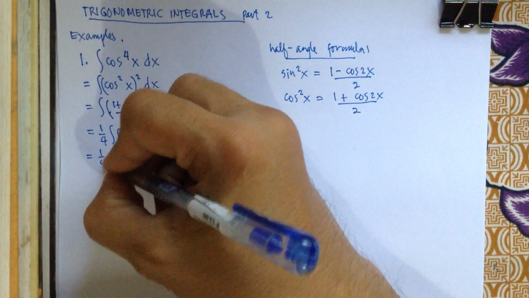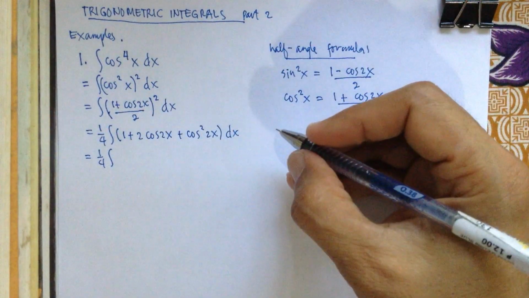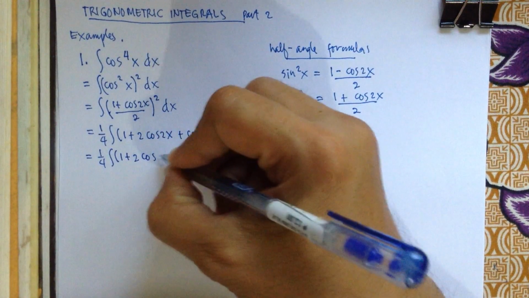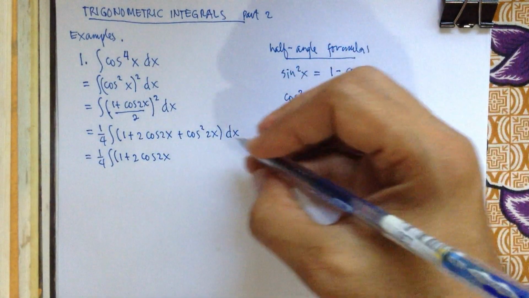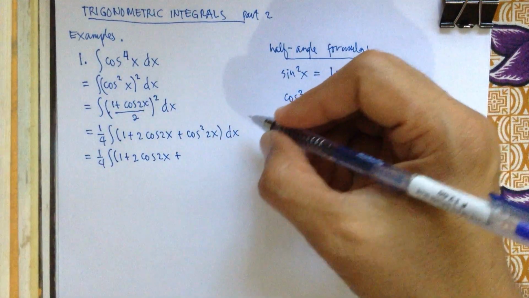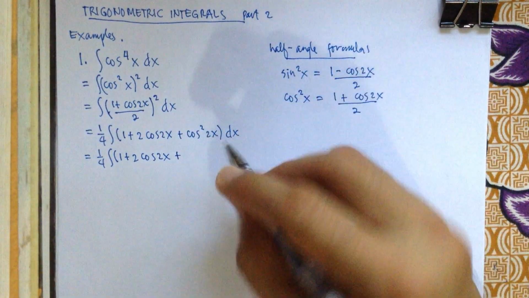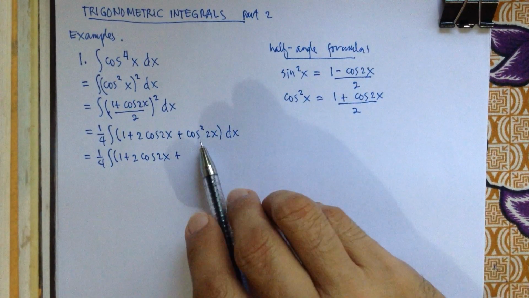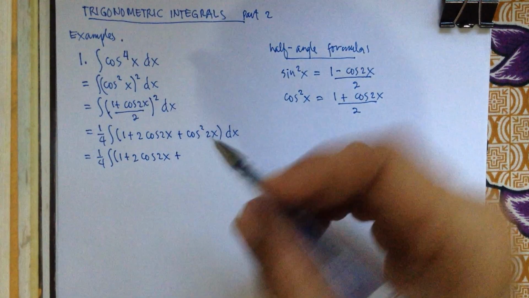Okay, continuing, before we evaluate the integral, let us write this first in the form so that it is integrable. We again use here the half angle formula because there is no direct integral for this one.